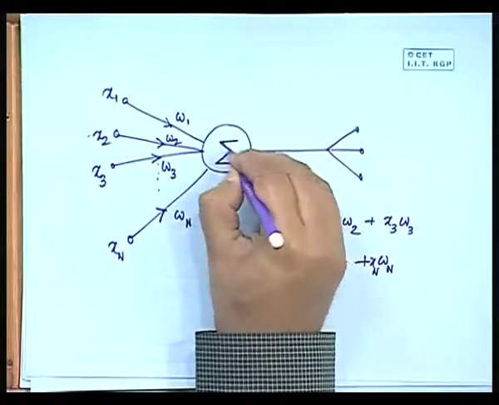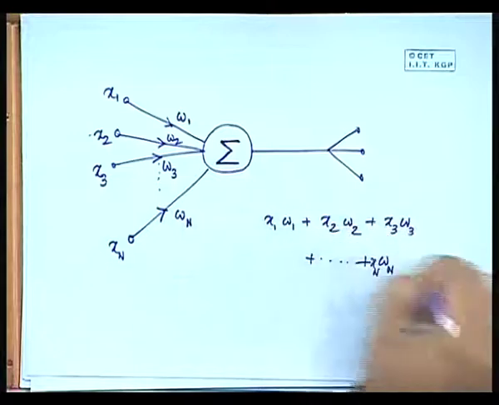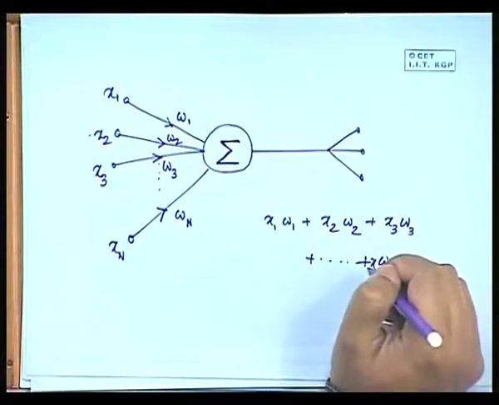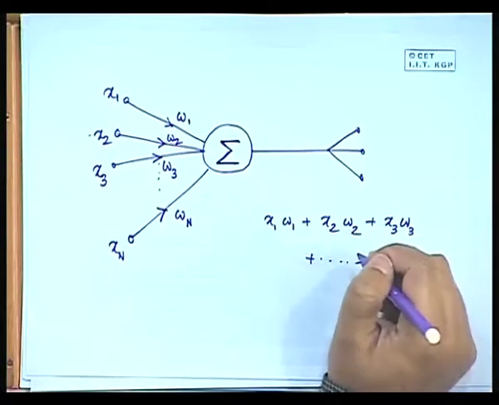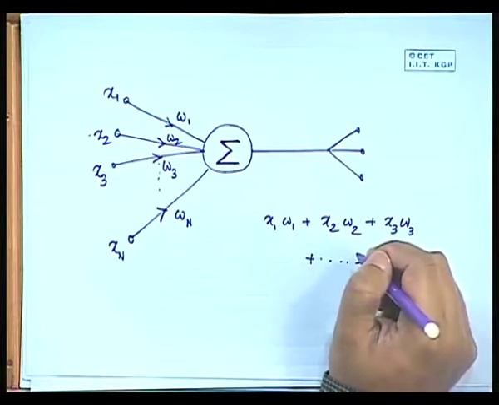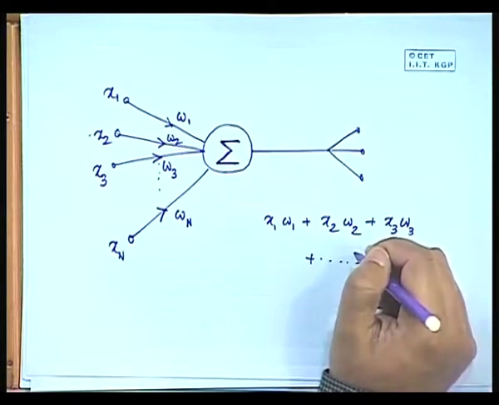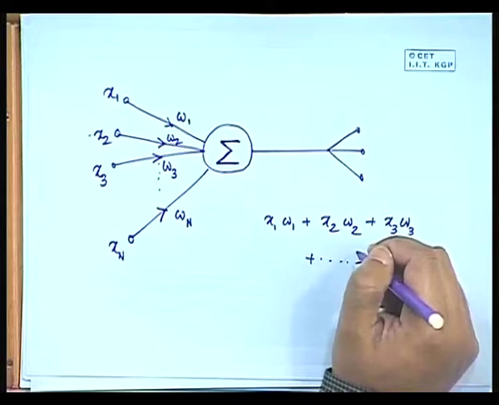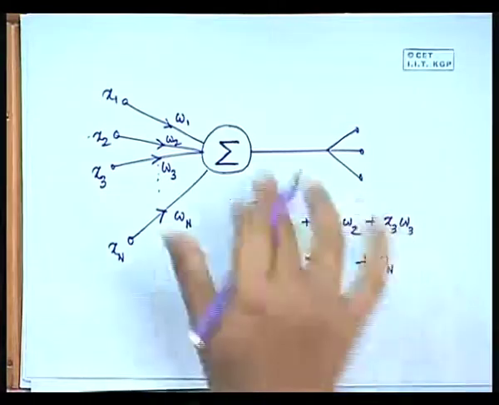So, this unit will be summing up all these responses, but this is a linear summation. Ultimately, do we want a linear summation? No, we must be wanting some decision out of it, whether yes or no, or a decision which is more quantifiable. We do not want this computation alone.